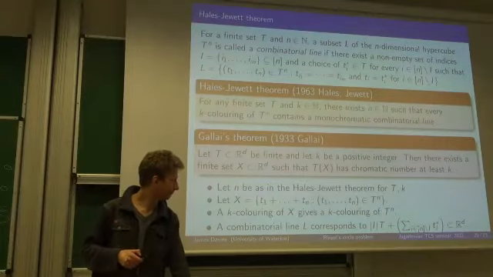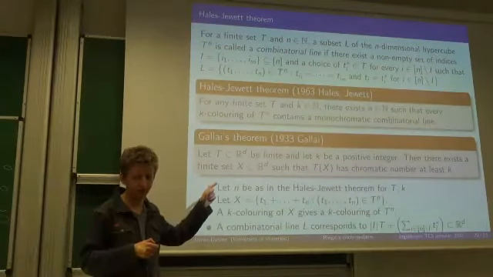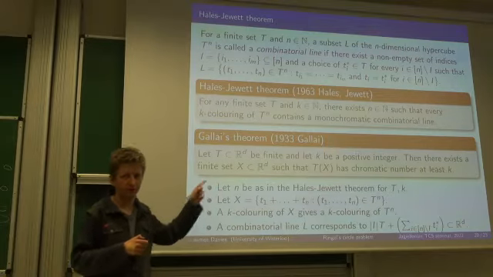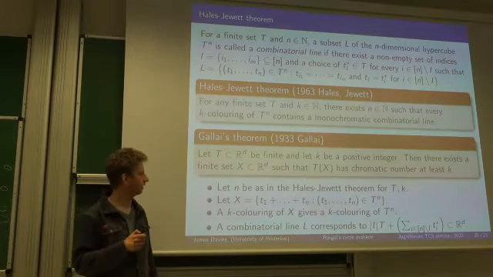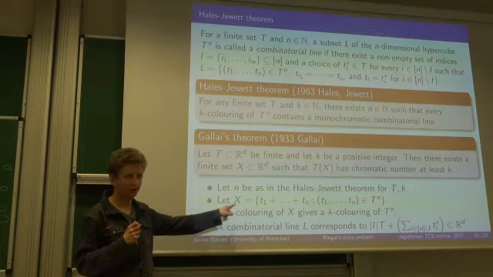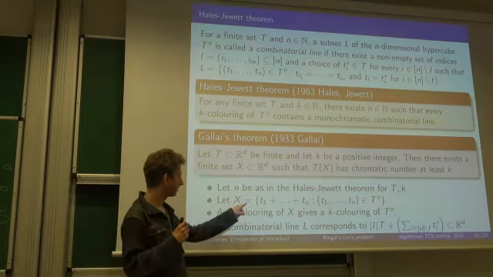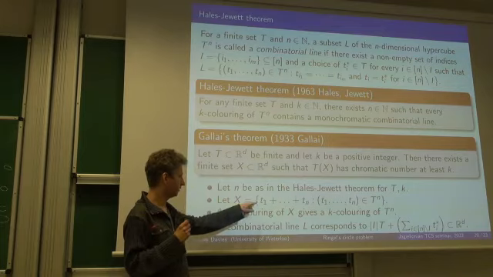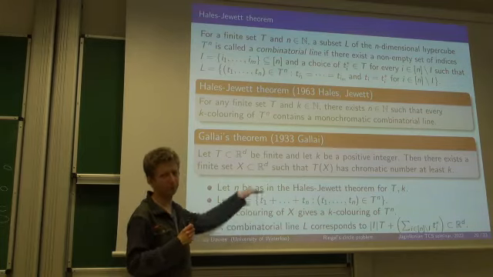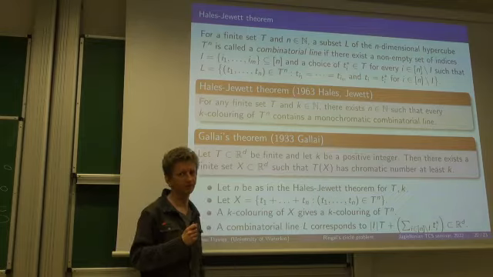So the idea for our polynomially restricted Gallows theorem is very similar to this. A key difference here is how we define the set X. Here for defining X, we just had 1 t1 plus 1 t2, and so on, plus 1 tn.